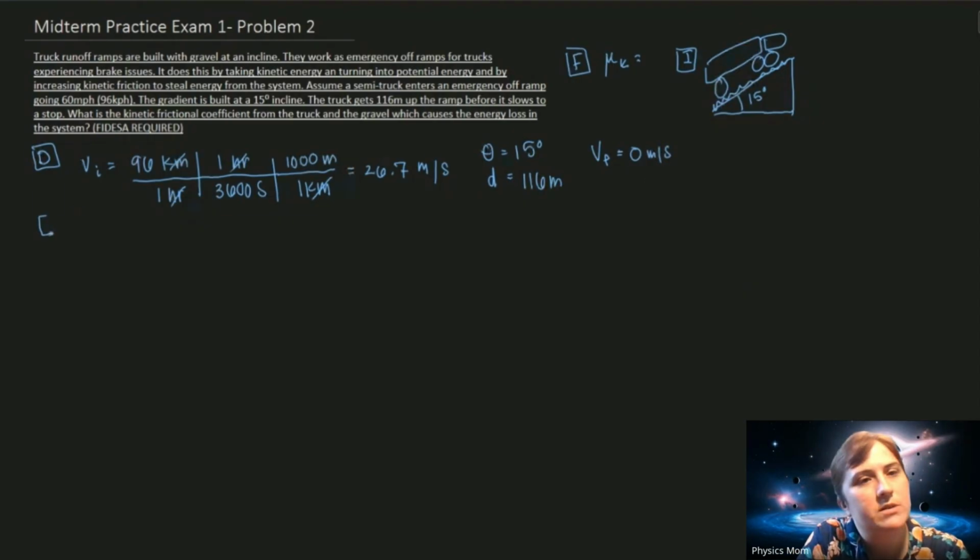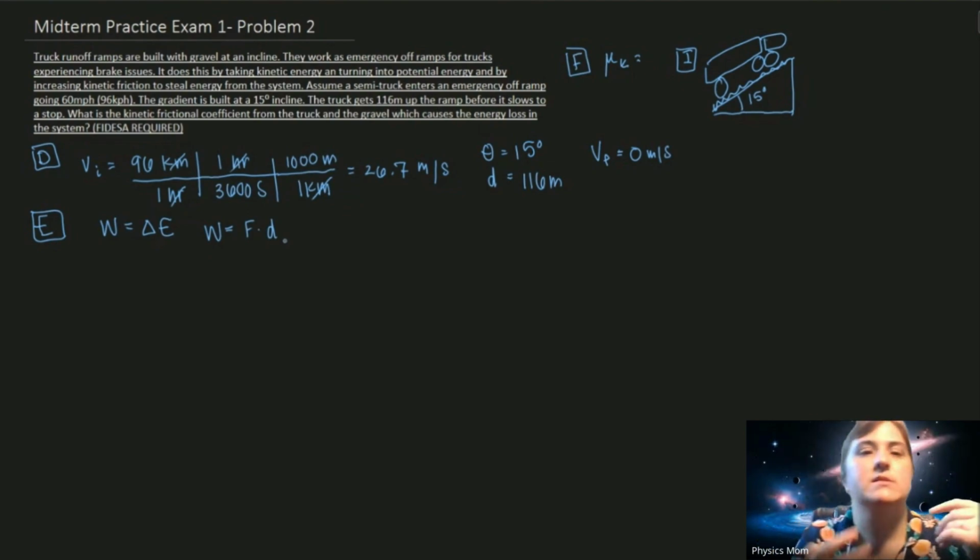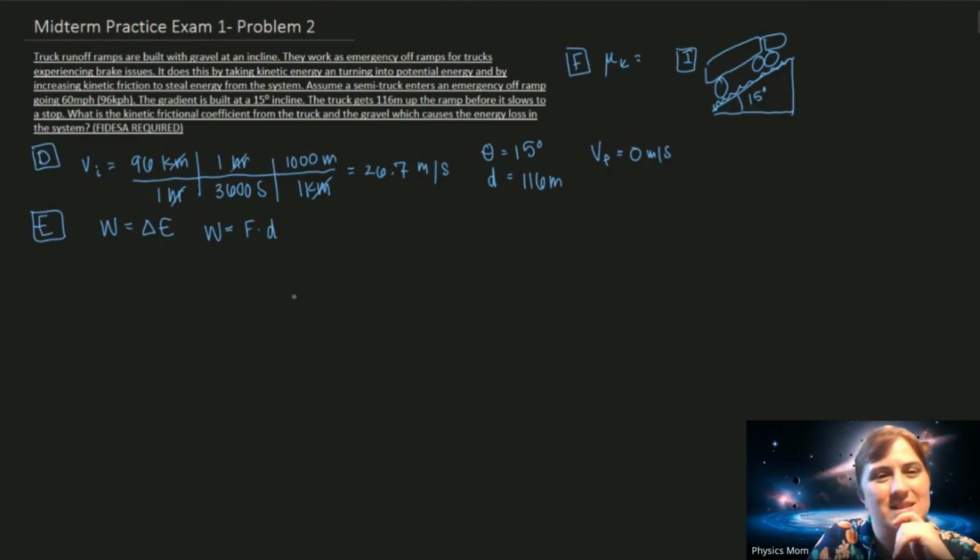The equations I'm going to use, I want to note that work is going to be the change in energy. Work is also the force dot the distance. That's going to be helpful for me in this case. The truck slows down and stops, so that's going to be helpful.